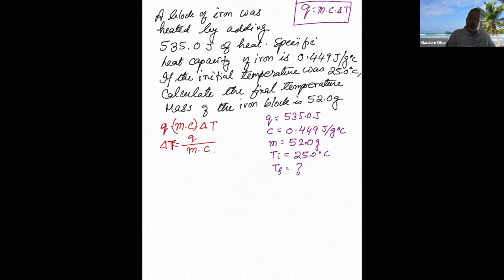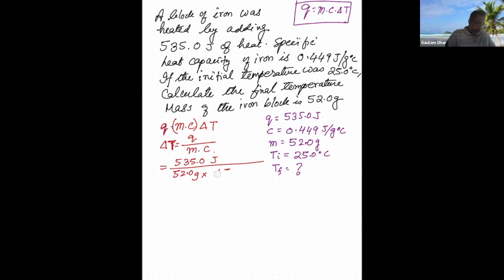So now all I need to do is substitute the values. What are the values I have? 535 joules. Now when you write it with the units, my M is 52.0 grams, and times, I have a delta T. Where is my mass? I did something wrong.